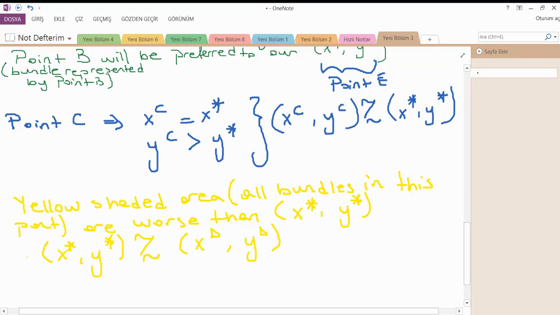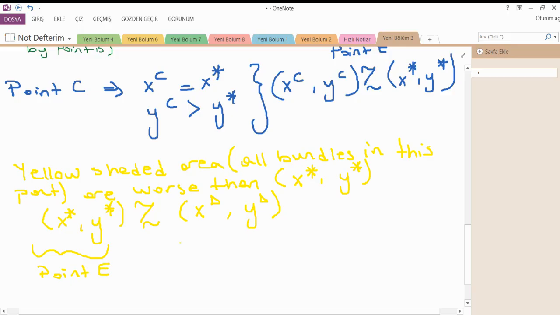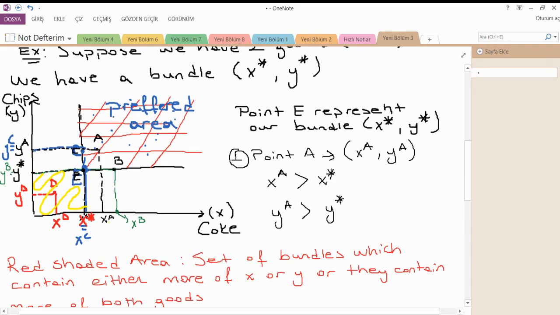So this is point E. This is point E, and the other one is point D. This is point E. And this is point D.